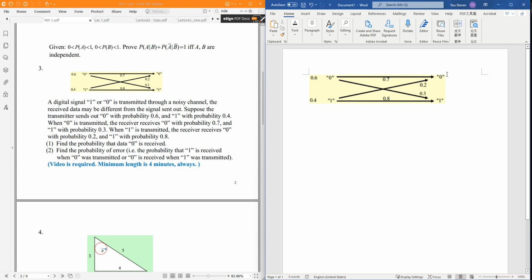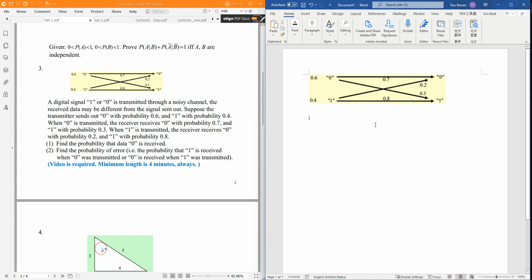So when the receiver receives the digit, it can be 0 or 1 with a probability. So for example, if the transmitter sends a 0, it has 0.7 probability that the receiver receives 0 and 0.3 probability that the 0 is converted to 1 and the receiver receives a 1.